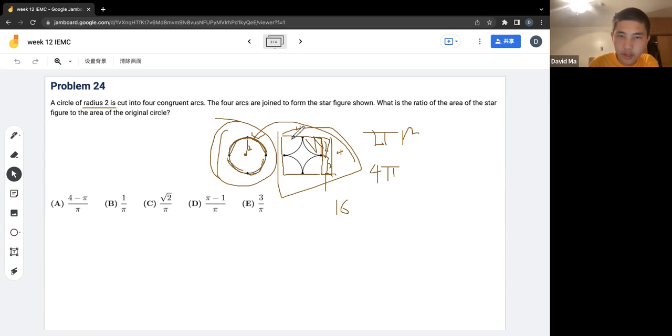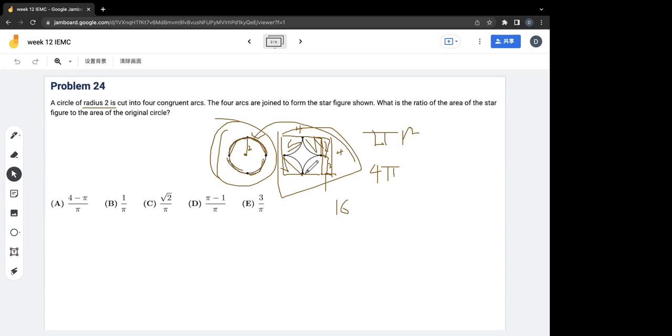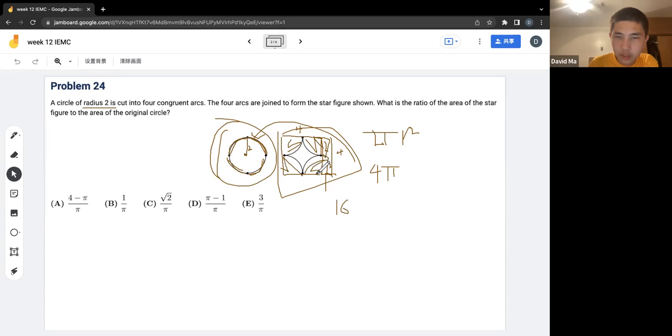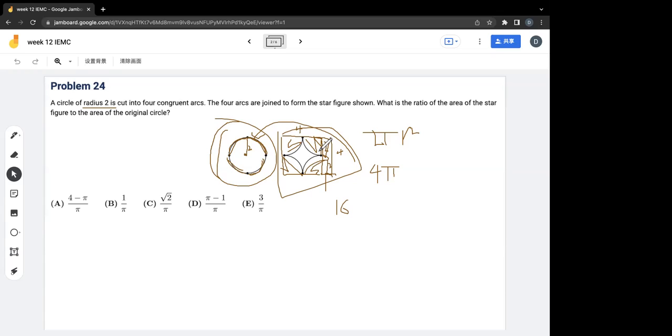What is the area of these four unique shapes? Can you tell me what it is equal to, Joyce?